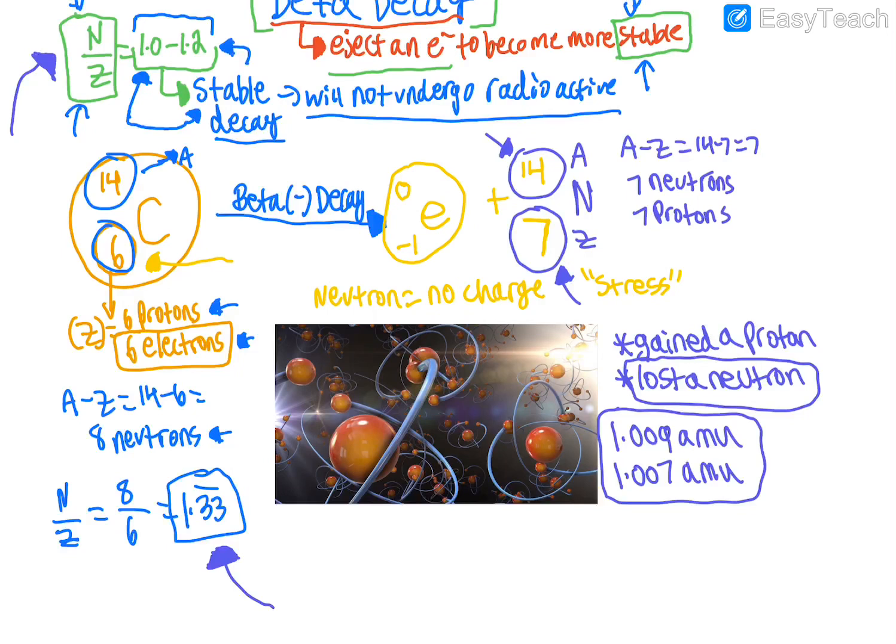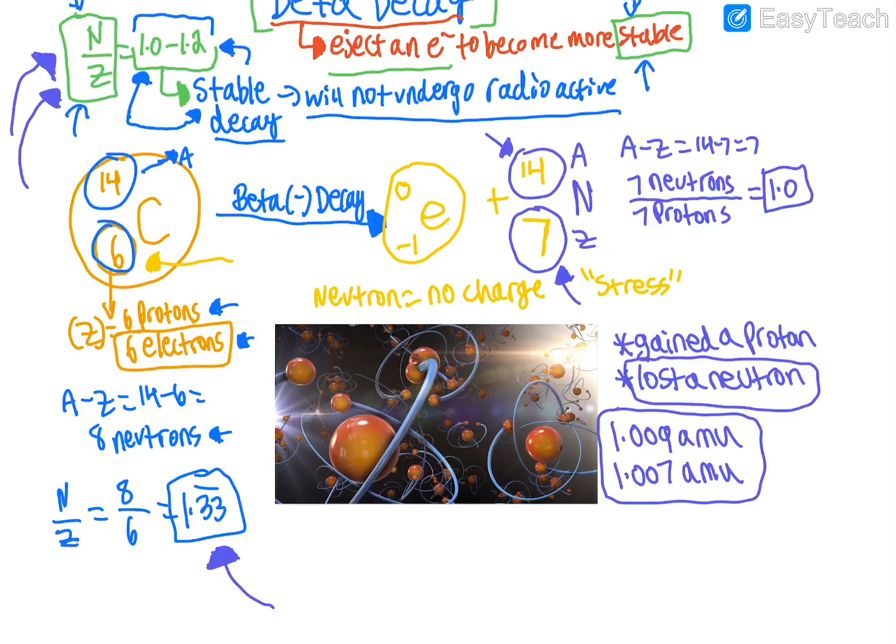Then you go ahead and divide that to find the neutron to proton ratio, and you find out that it's equal to 1. And now we see that nitrogen-14 is stable because the neutron to proton ratio is 1, and over here in the beginning of the video, we said that the range should be about 1 to 1.2. Again, it can vary, all right?